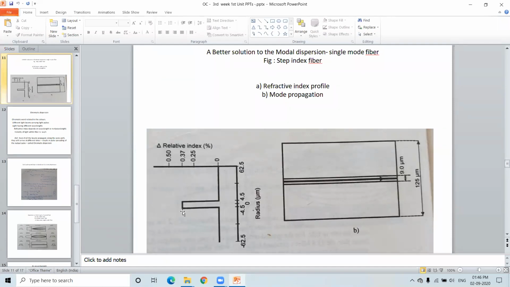It is approximately equal to 0.4 relative refractive index in terms of percentage. Typically, the value of this is 0.4 percentage. So now you can also see this is very, very narrow. This is the core diameter, right?